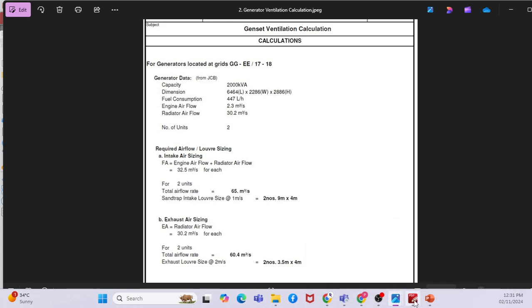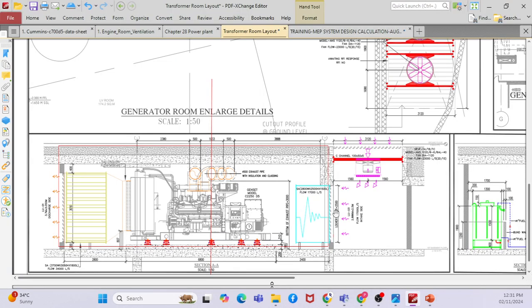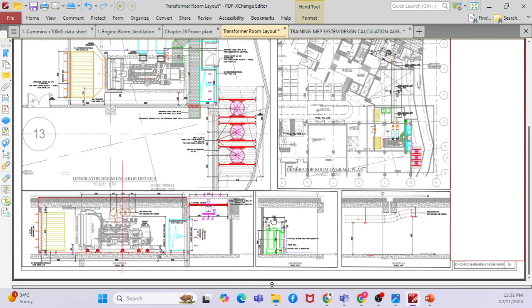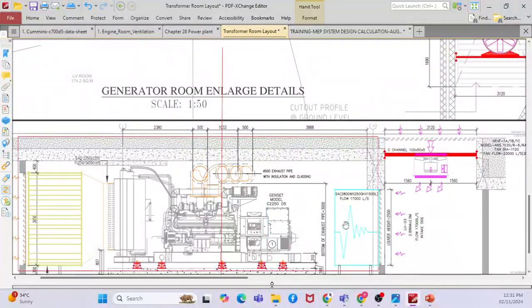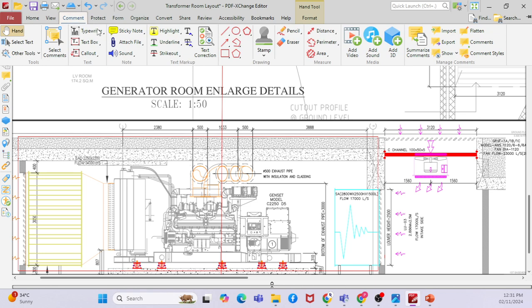If I keep my intake near to the radiator, my correction factor will be 1. If I keep it away, like on the top somewhere, then I have to add a correction factor, maybe 1.5 or 2.5. But how will you determine the correction factor? It depends upon my layout arrangement.